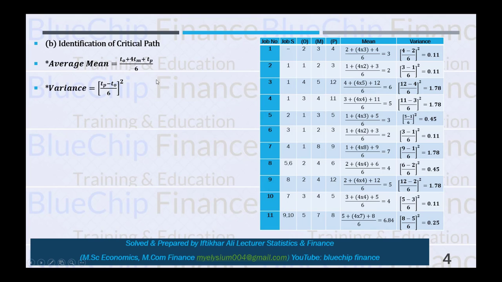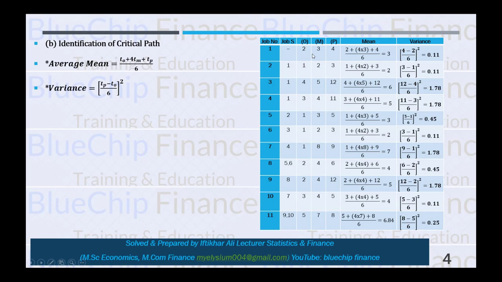So the formula for the mean is optimistic time plus 4 multiplied by most likely time plus pessimistic time, divided by 6. So the formula is applied here one by one. For example, I discussed one or two jobs, the steps to calculate the mean.